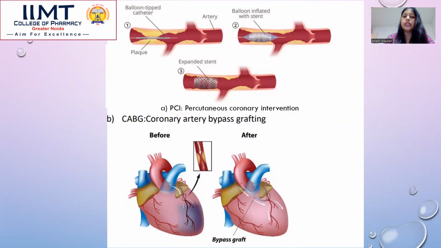First is percutaneous coronary intervention, in which we insert a balloon and stent, and after inserting it, expand the spaces, then the balloon will be removed from the artery. Next is coronary artery bypass grafting, in which bypass surgery is performed for the treatment of angina.